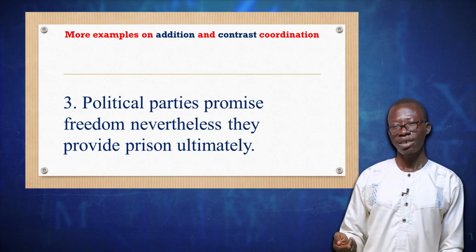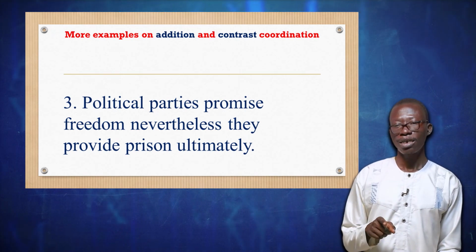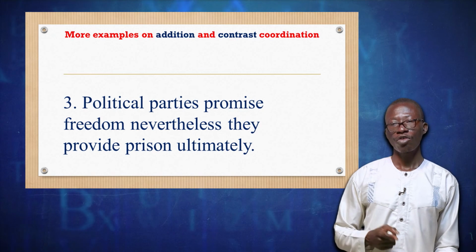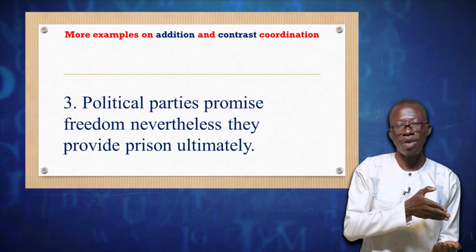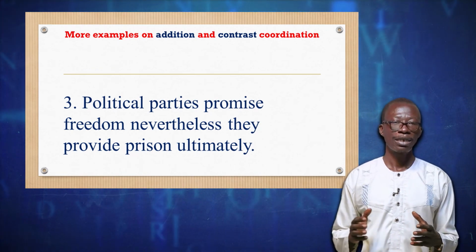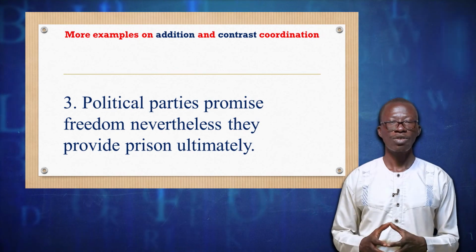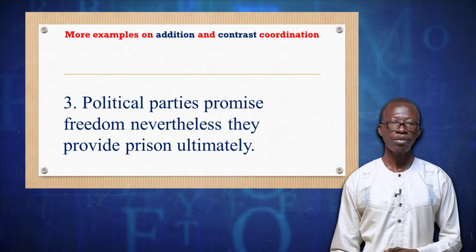There's an opposite completely happening here. So we have an action that is completely going contrary to what is expected. So the writer or the speaker bringing these two ideas together uses the contrast coordinator nevertheless.